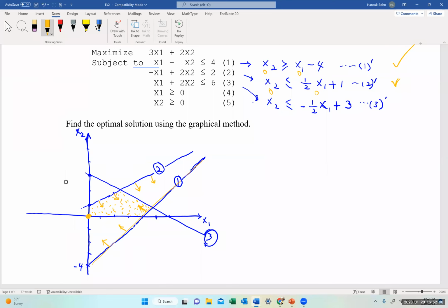How about the third constraint? 0 is less than or equal to 0 plus 3, which is 3. So it's correct, right? So the feasible region should be this side. As a result, our feasible region should be this polygon, okay?